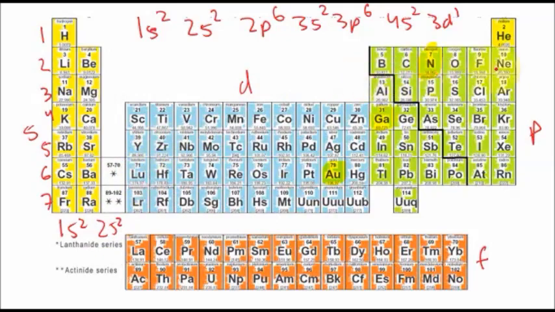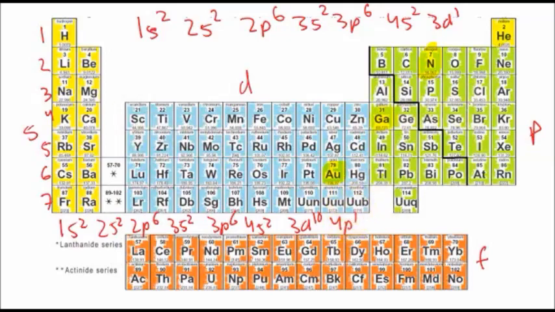Then the next 6 electrons are going to be in 2p6, and then 3s2, then 3p6, and then 4s2 here. Now we enter the d sub-block, so we have to go 1 energy level down, so it would be 3d10. 1, 2, 3, 4, 5, 6, 7, 8, 9, 10. And then we finally get to gallium, so that would be 4p1.